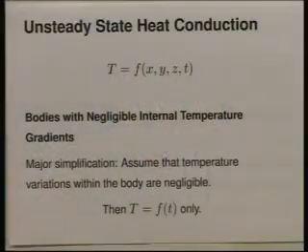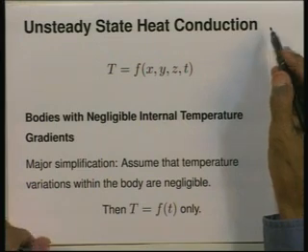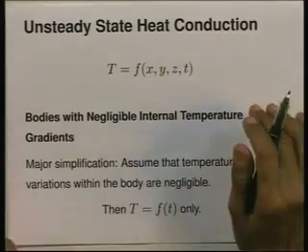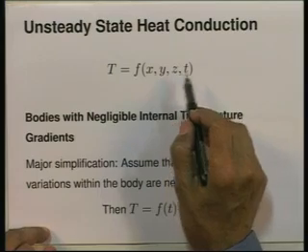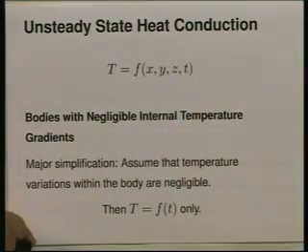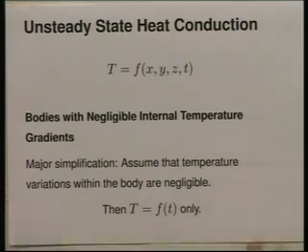We want to move on to unsteady state heat conduction. In general, in a general problem in unsteady state conduction, T will be a function of x, y, z and time, or T will be a function of r, theta, z and time if I am working in cylindrical coordinates. That is a general situation in unsteady state conduction.